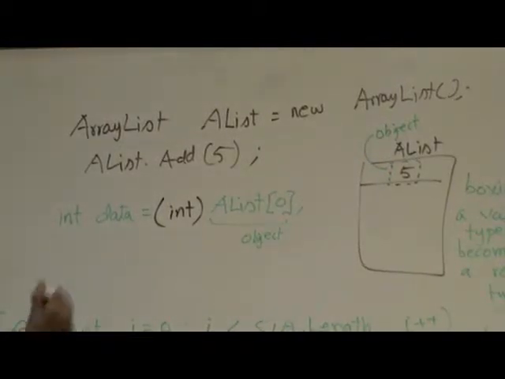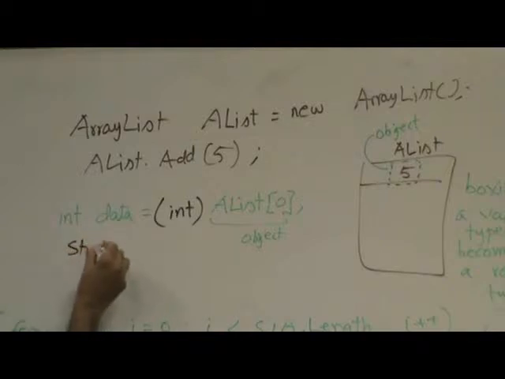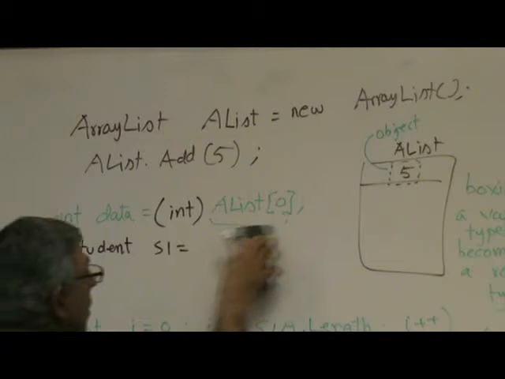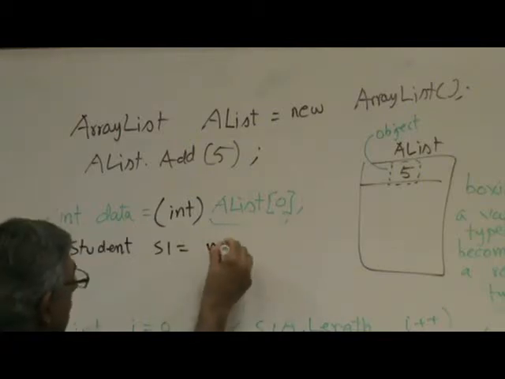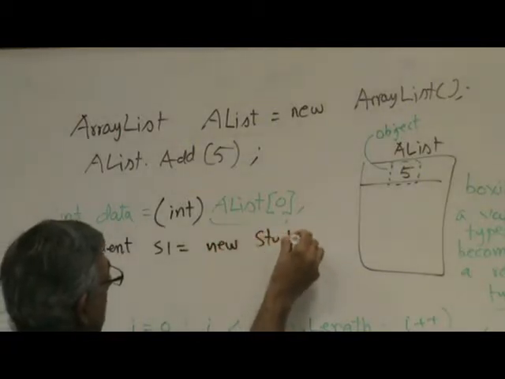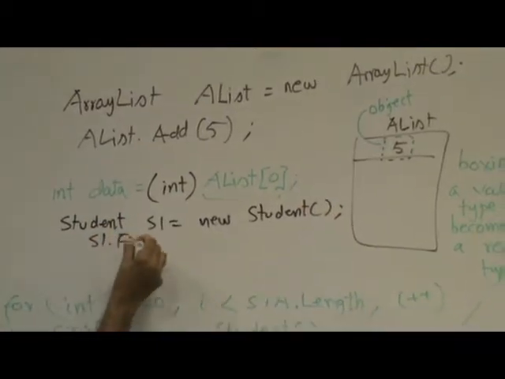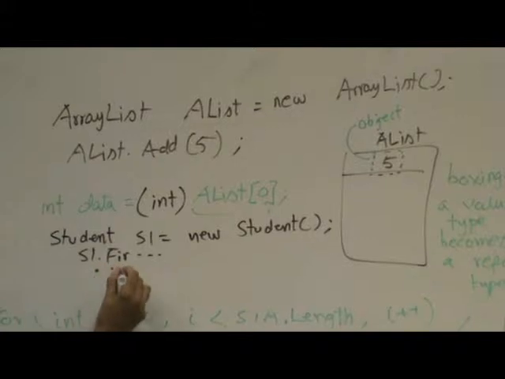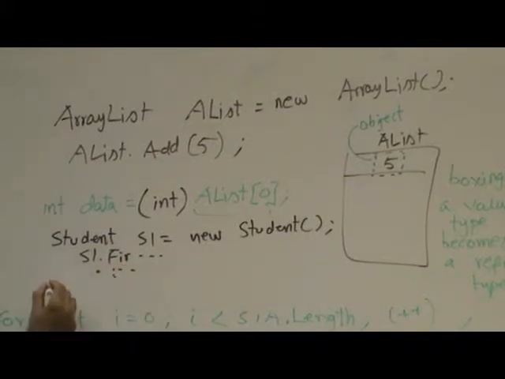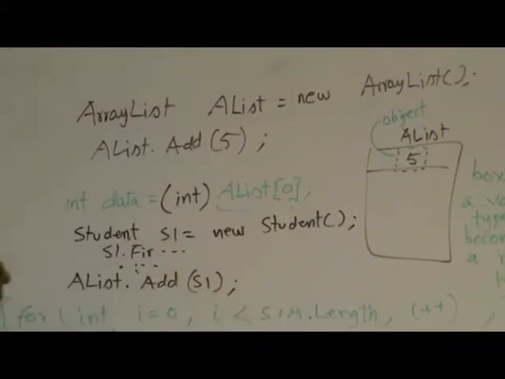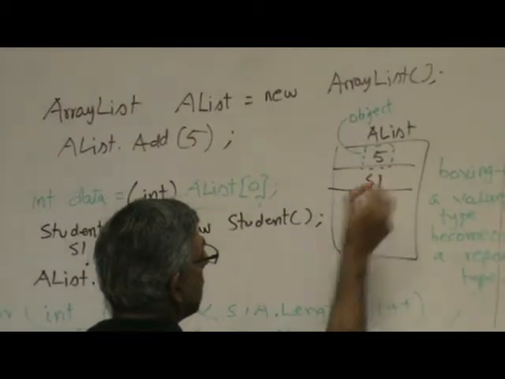Now the other concept that we discussed, which is important to understand especially with collections like ArrayList. Suppose after this, we do something like this: Student S1 equal to new Student, and then we do S1 dot first name and S1 dot whatever, and then we do a list dot add S1. So the second element we add is S1.